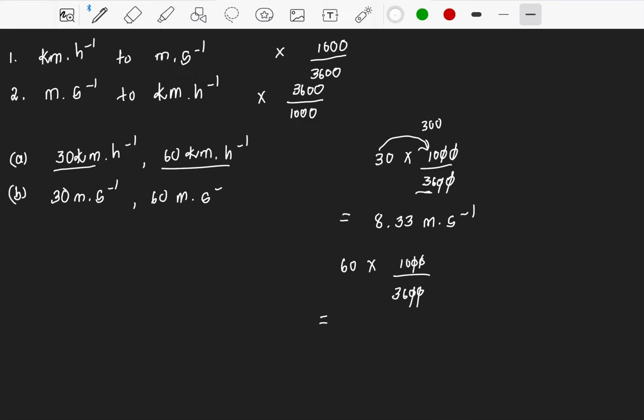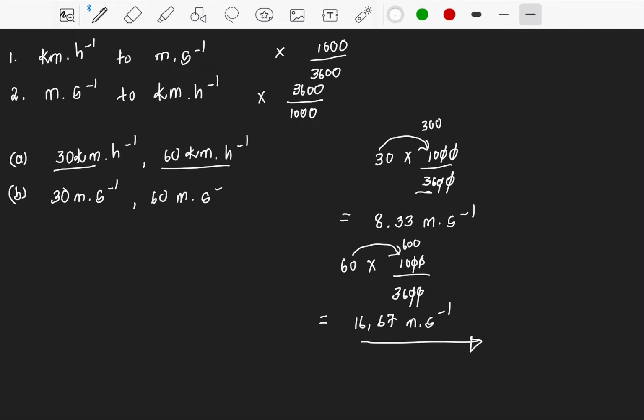We are left with 60 multiplied by 10, which is equals to 600. And then 600 divided by the 36 below, you have 16.67 meters per second. So as you can see, I've rounded both answers into 2 decimal places, and they both have SI units, which are very important.